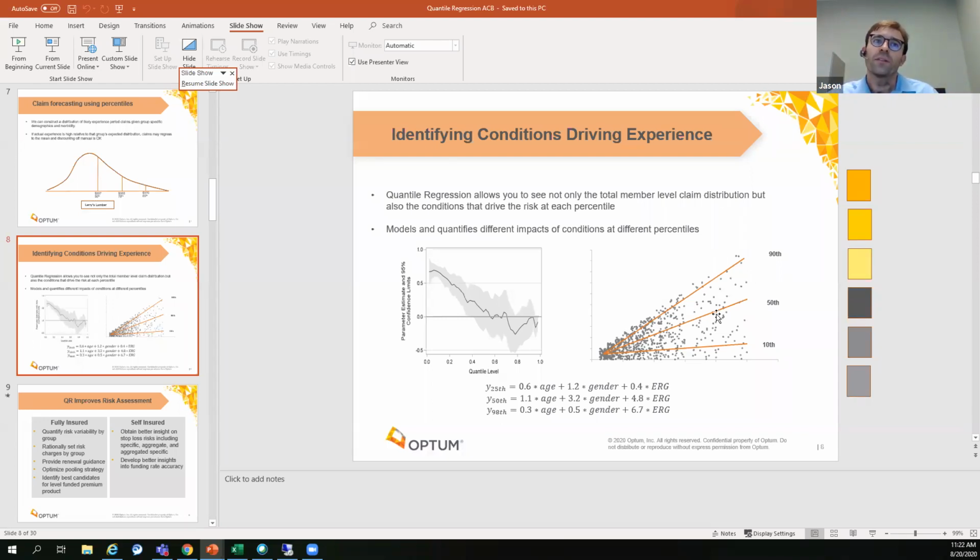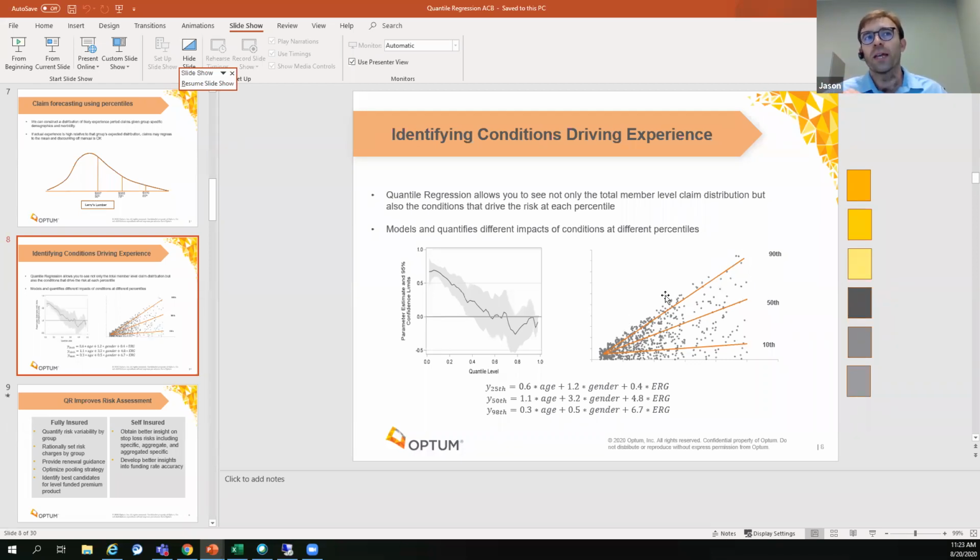What's important to observe about this picture is how the slopes are changing. I should say, here the slopes are like 0.4, 4.8, and 6.7. So it's saying the differential impact of that condition varies by the different percentiles.